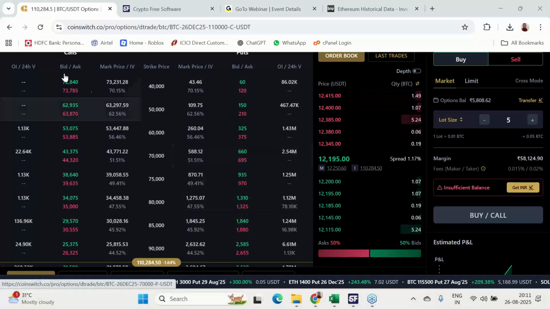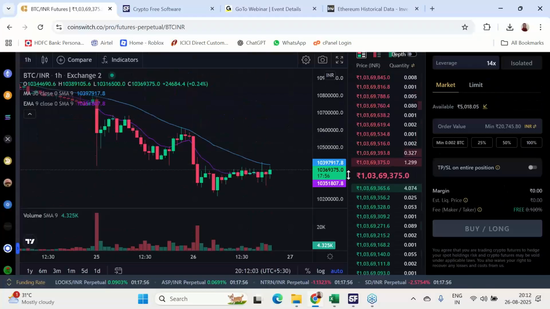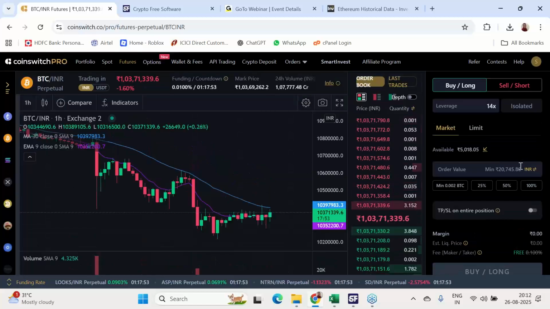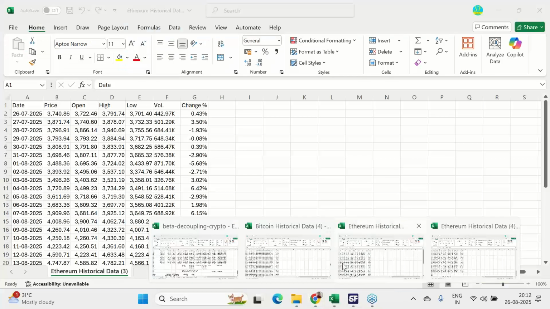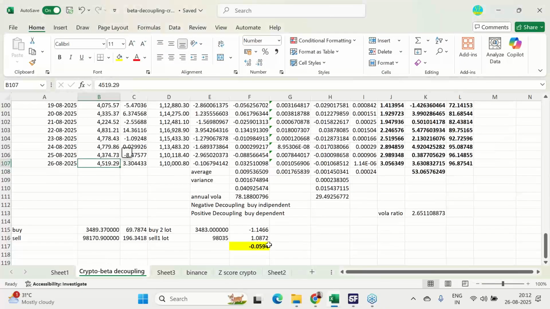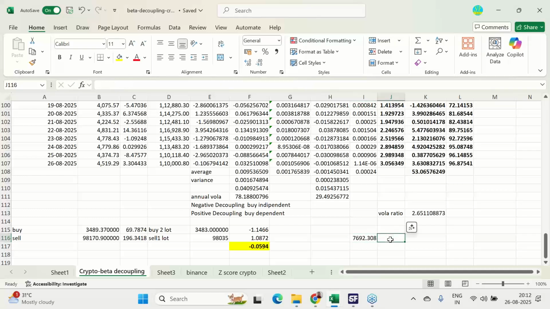And similarly, if you wish to trade, what will be the things? You have to go to the futures segment, and then who should be bought? Bitcoin should be bought. How much Bitcoin should be bought? Bitcoin should be bought $100, means in INR terms, if you are buying 20,000 worth of Bitcoin, then you have to reduce the value here. 20,000 divided by 2.6, so you can say only 8,000 worth of Ethereum should be sold.